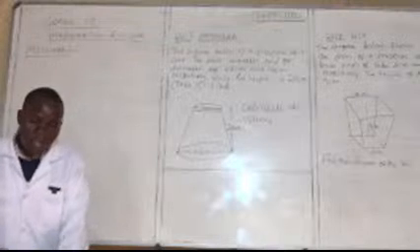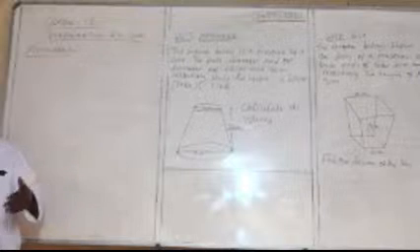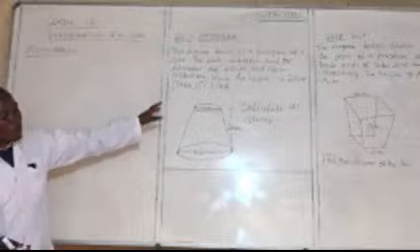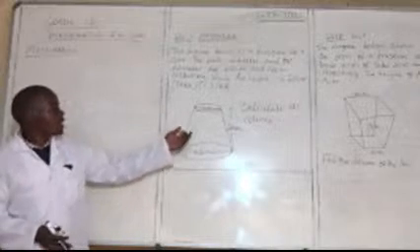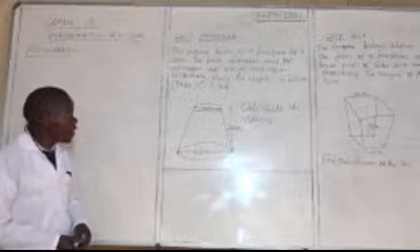Now, I know that to some of us it might be very difficult to solve a frustum, but if you know the formula of a cone, the volume of a cone, it will be very easy for you to find the volume of this frustum. The volume for a cone, we know, is equal to 1/3 pi r squared h.